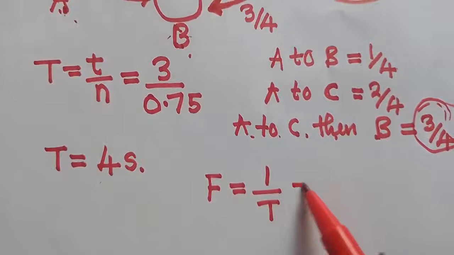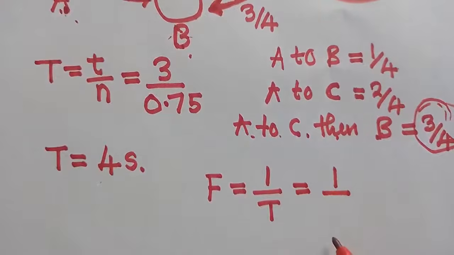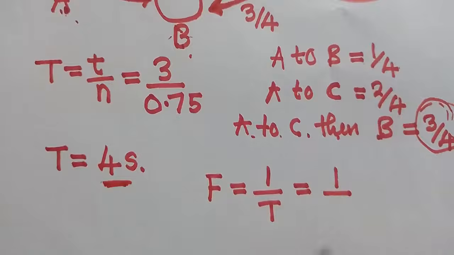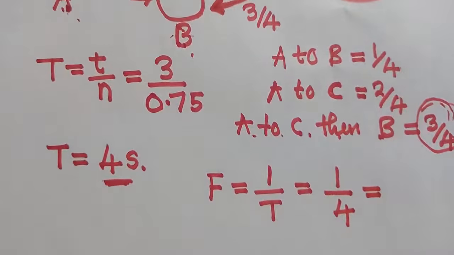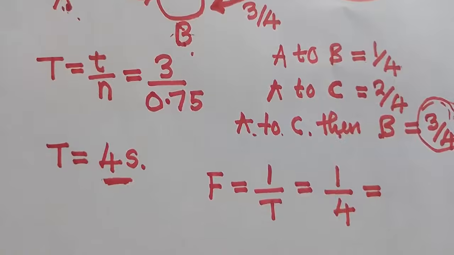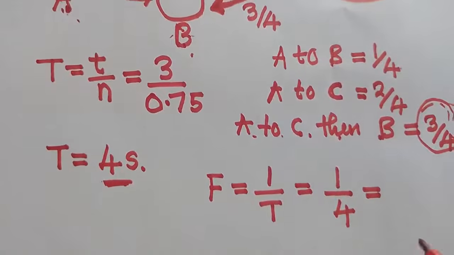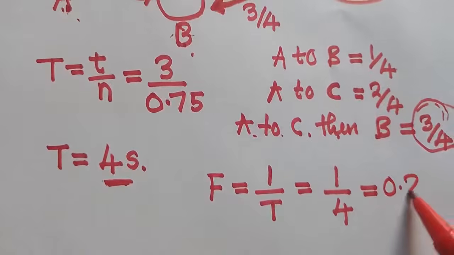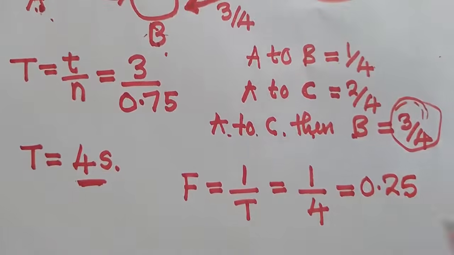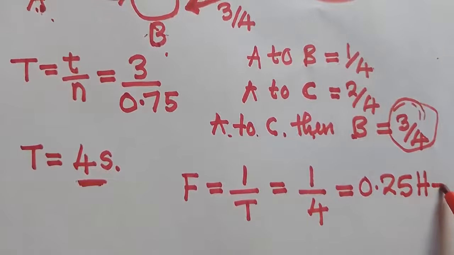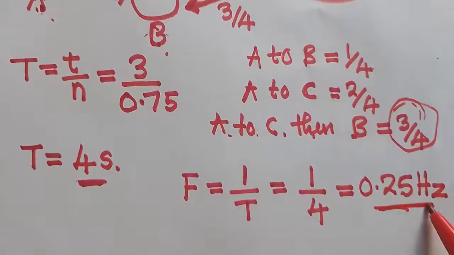So you say 1 over, what is your period? 4. So you put 1 over 4, so 1 divided by 4. What is our answer? 0.25. Units are very important in physics.